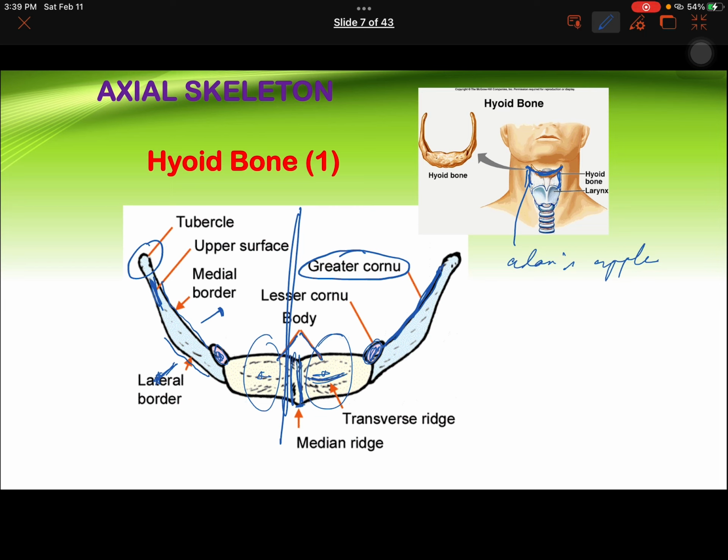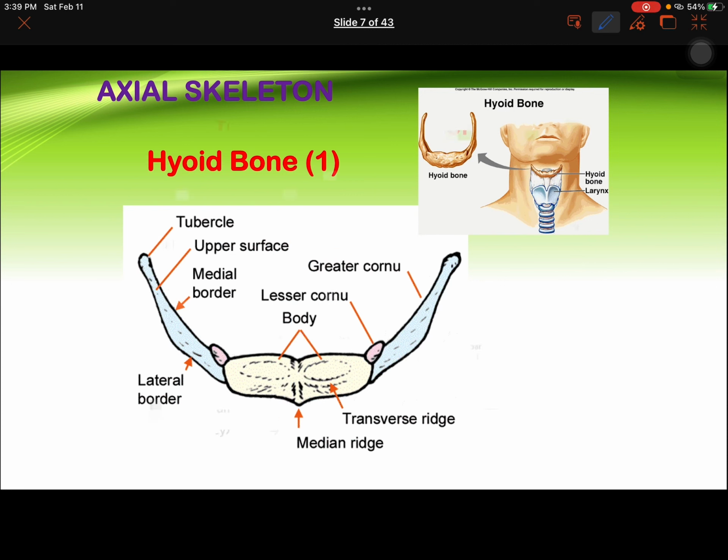If I ask you what is the lateral border of the hyoid bone, it is this part here, which is not actually defined. So your greater cornu, take note, is the medial border of the hyoid bone.